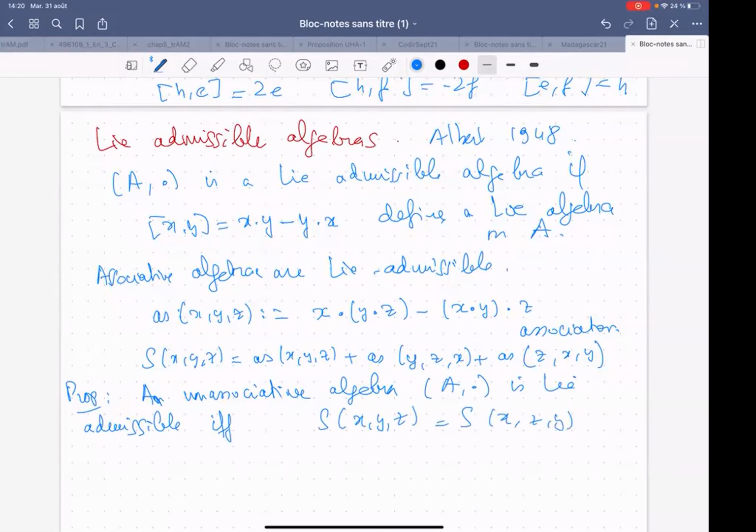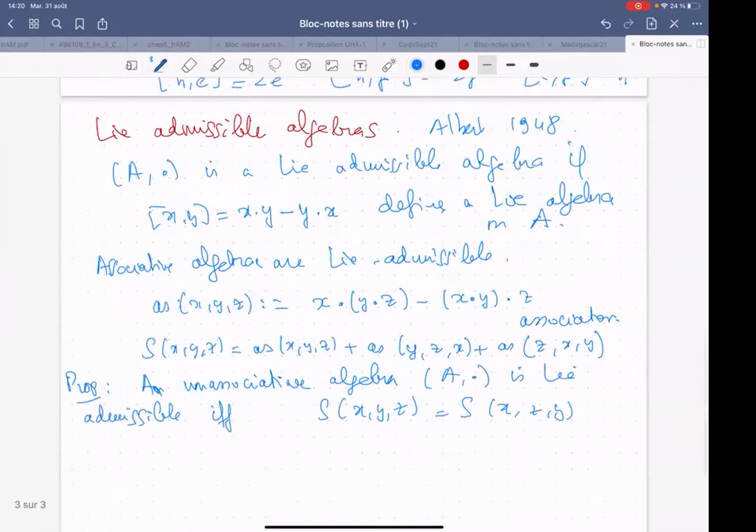If you have this S, it is the same if we permute y and z. Okay, and this is one characterization.